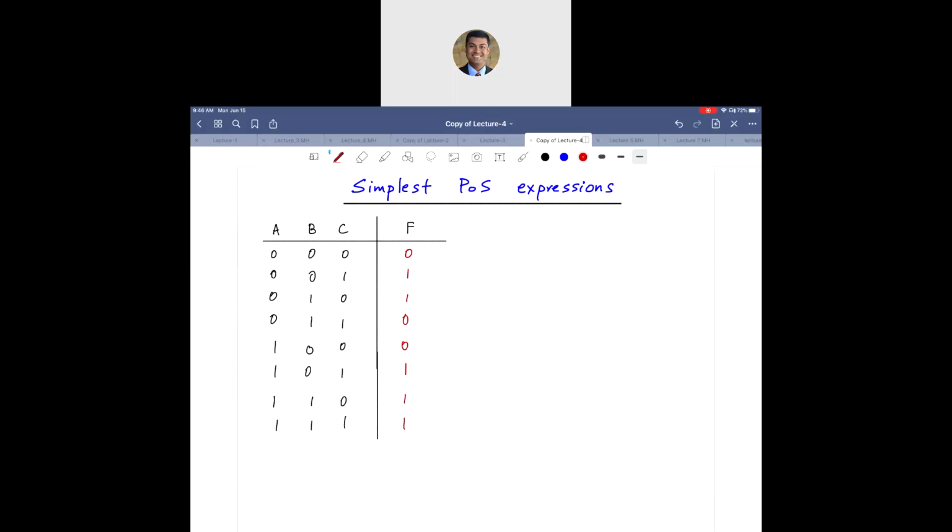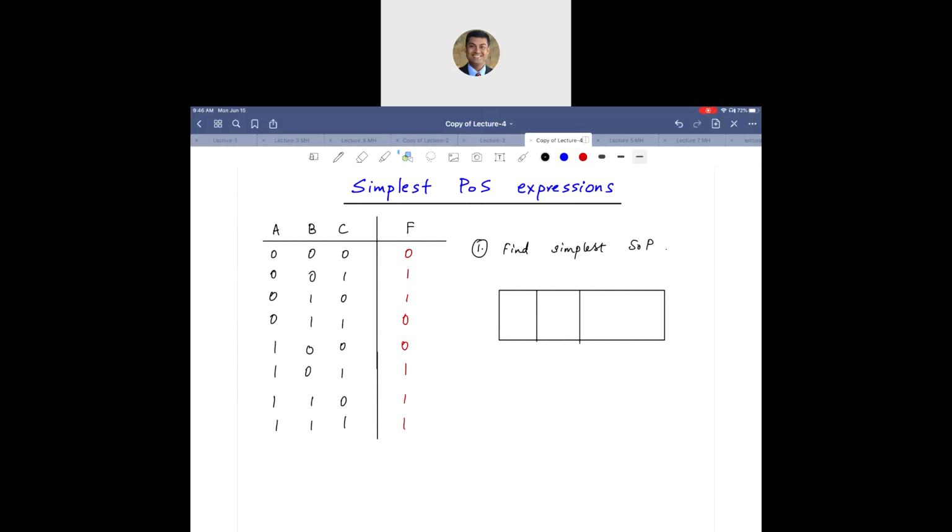What I'm going to do is get the simplest. So step 1: find simplest SOP. First I'll try to find the simplest sum of product expression for this, which means that I have to lay out a 3 variable K-map.